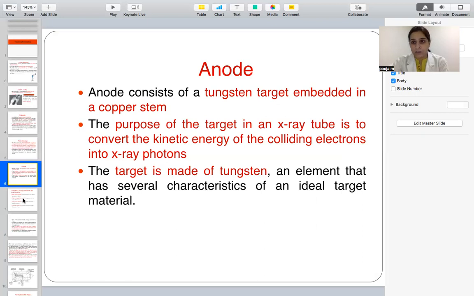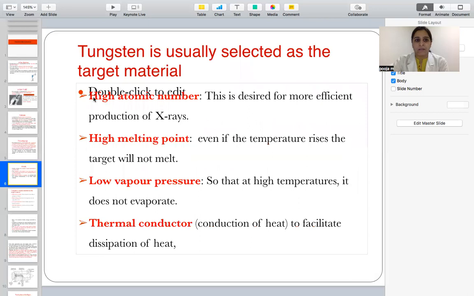Tungsten is the preferred material for the target in the anode for these reasons. It has a high atomic number, so it is more efficient in the production of X-rays. It has a high melting point.